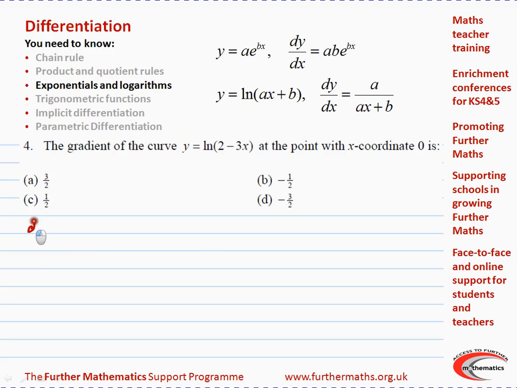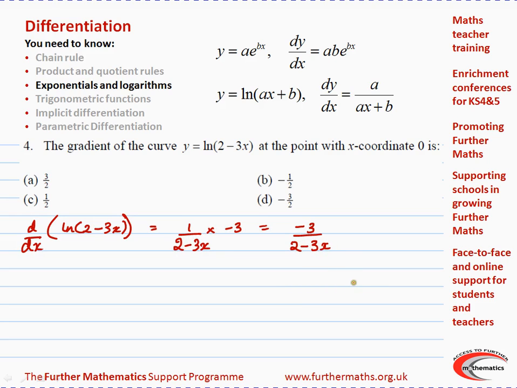Differentiating log of 2 minus 3x is very similar to the example we did just now. So chain rule derivative here, differentiating the logarithm gives you a reciprocal, 1 over 2 minus 3x, and you multiply by the derivative of the bracket, which is minus 3, and simplify to minus 3 over 2 minus 3x.